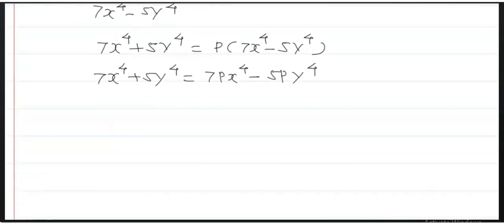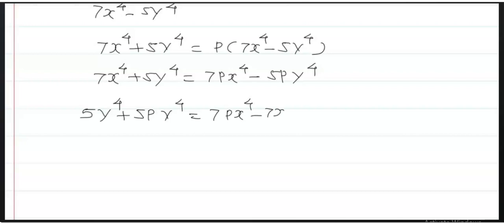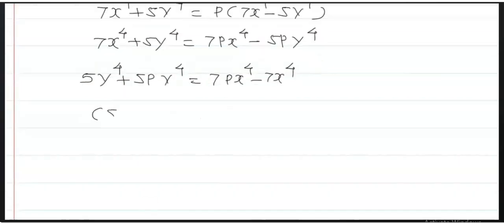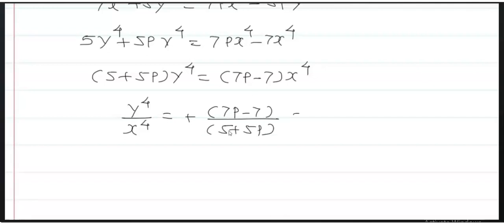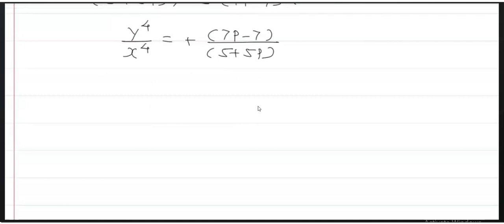Therefore, 5y raised to 4 plus 5py raised to 4 is equal to 7px raised to 4 minus 7x raised to 4. Therefore 5 in bracket 1 plus p into y raised to 4 is equal to 7 in bracket p minus 1 into x raised to 4. Y raised to 4 upon x raised to 4 is equal to 7p minus 7 upon 5 plus 5p. Take the fourth root.